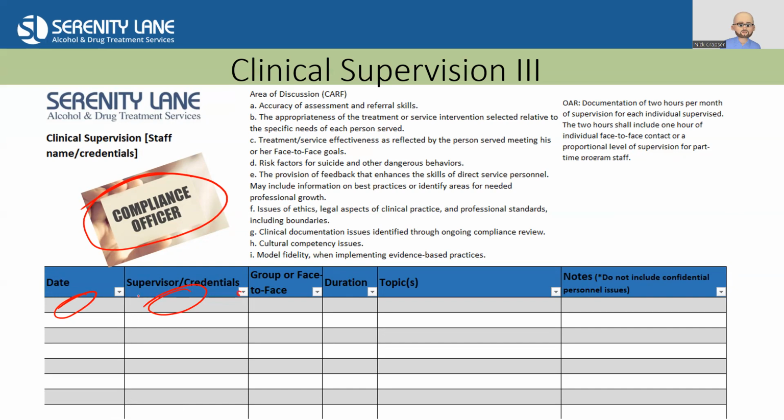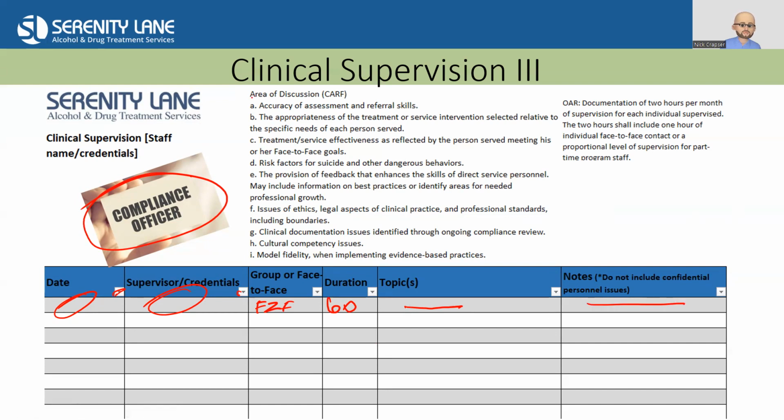There's a drop-down menu on all of this on the spreadsheet. The only thing that we need to put in this value right here is face to face or virtual or group, how long of a time period this was, what the topic was, and notes off to the side right here.